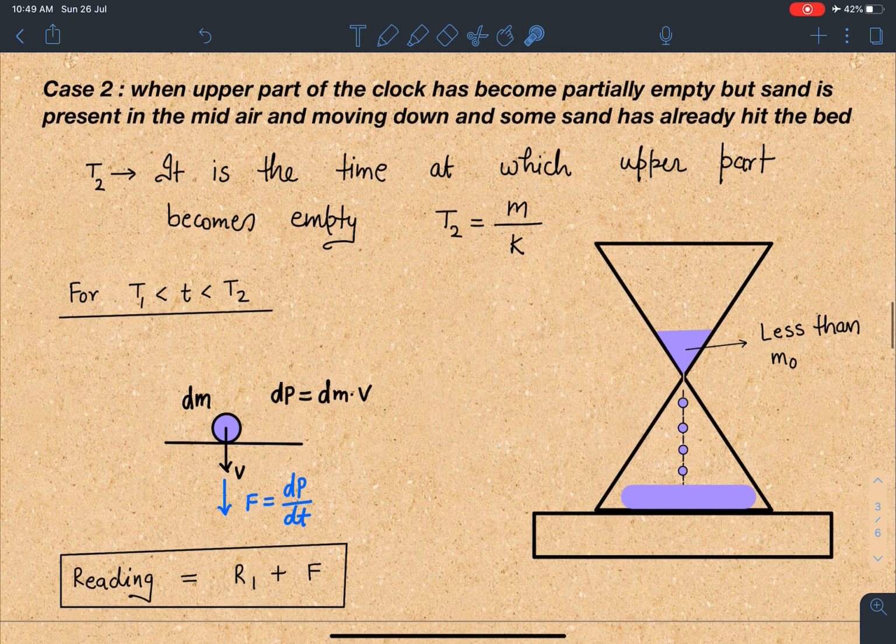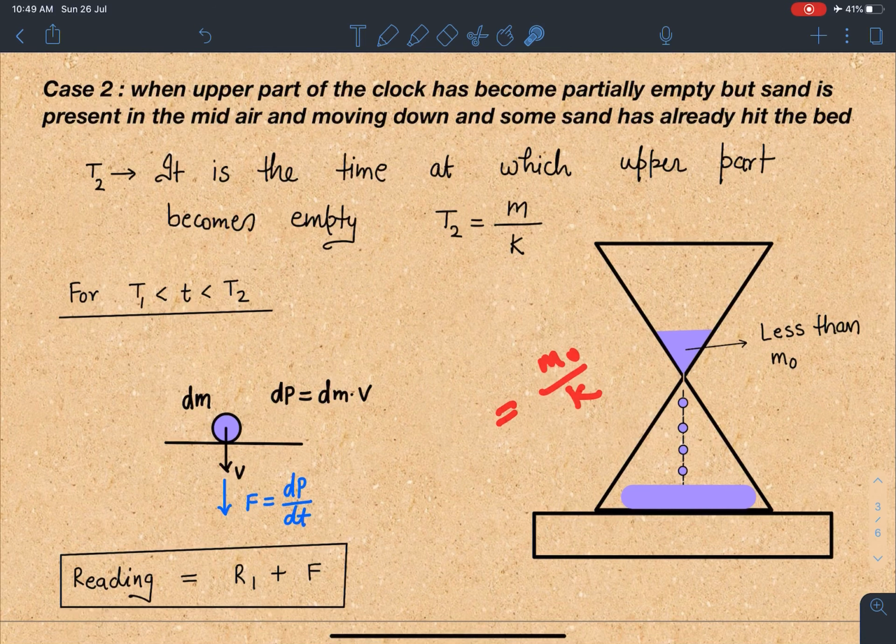Still, because it's a sand clock, normally this rate of falling will be very small. So still some sand is present here. There could be a case that this time of falling, root of 2h by g, is larger than the time of emptying this part, m naught by k.